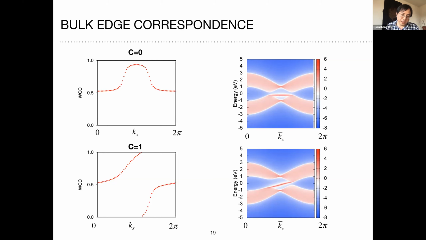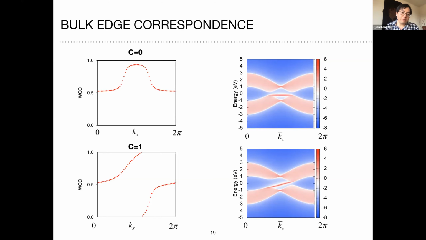Why do we have a jump here? Because we do a modulo of the lattice constant. If the Wannier charge center touches the boundary, then we put it back to 0.